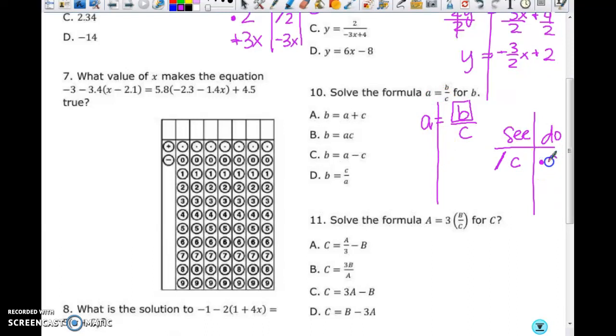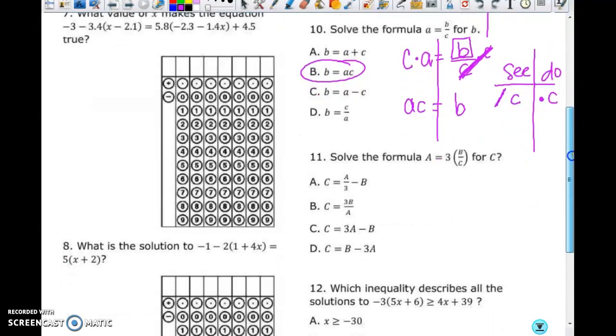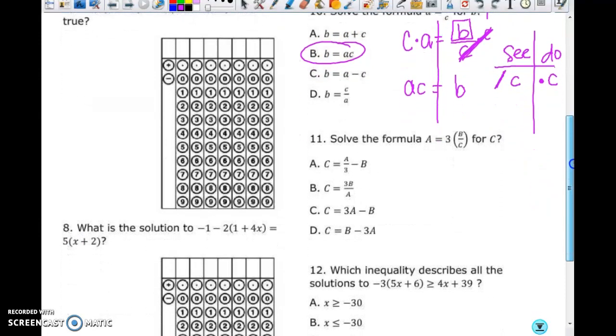All I'm going to do is multiply by C. So I'm going to multiply by C on this side, and I'm going to multiply by C on this side, right? So these will cancel. My B will be alone. And A times C or C times A, it doesn't matter which way we write it. But I know they're going to be multiplied, so they're going to go together. So if I look at my answer choices, I can tell they did the A first, right? A times C, same thing, right? They just put the A first instead of the C. So that's fine. So B is the answer.